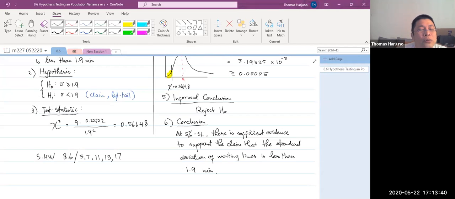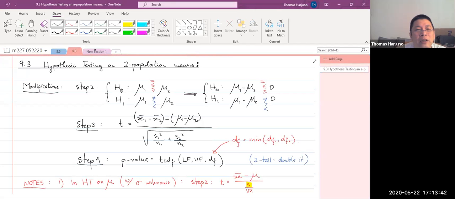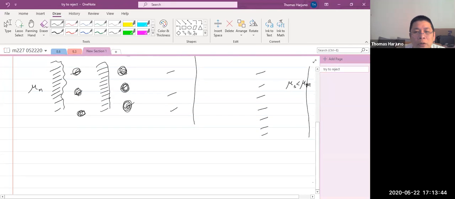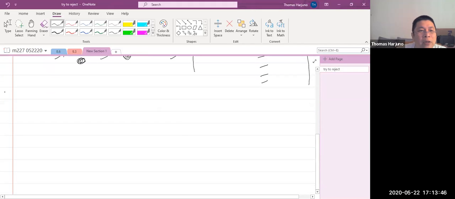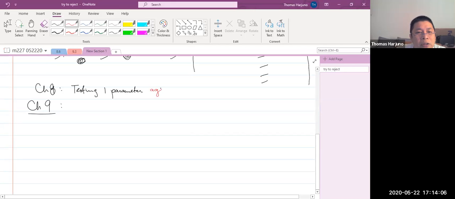Let's go to chapter 9. In chapter 9, we get into a more realistic model on hypothesis testing. In chapter 8, we are testing one parameter, and you will see that's actually one parameter against a constant.